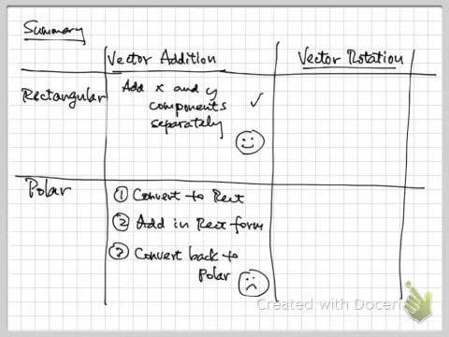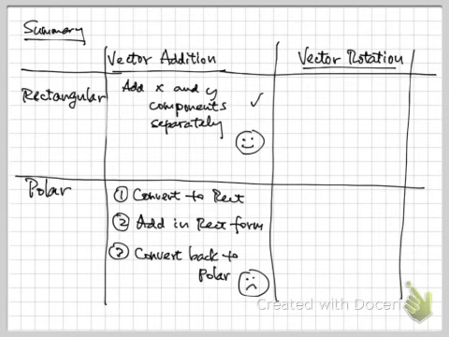You have to first convert to rectangular, and then you have to add the components in rectangular form, and then the third step is you have to convert back to polar. Depends on whether the problem asks you to do so or not, but at least you have to go through the step of converting each vector to a rectangular form before you can start adding them.